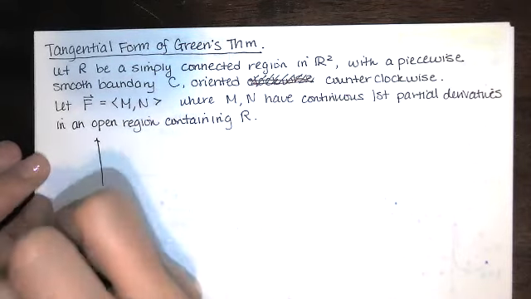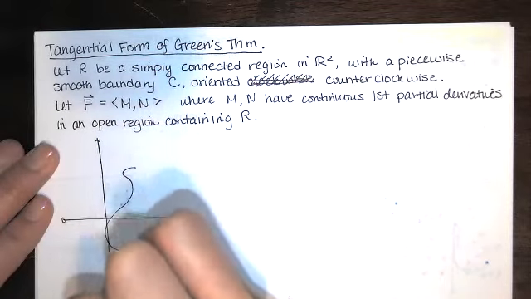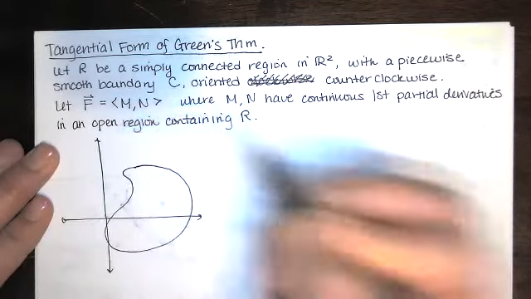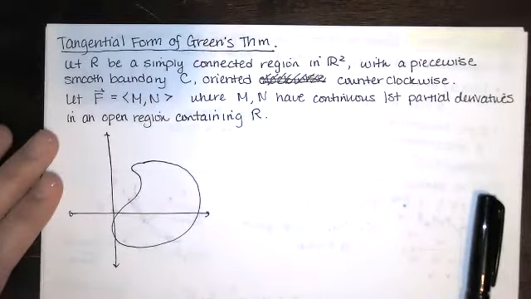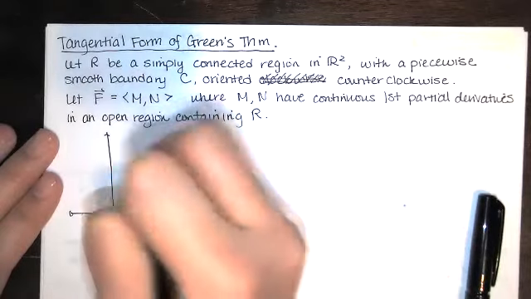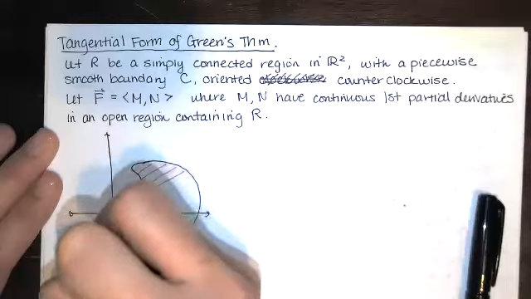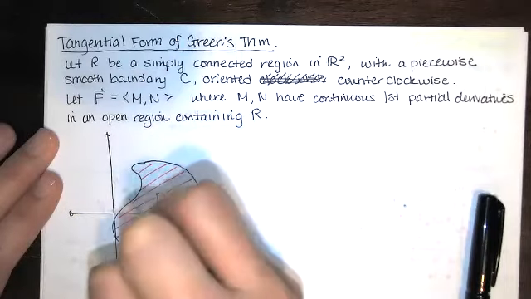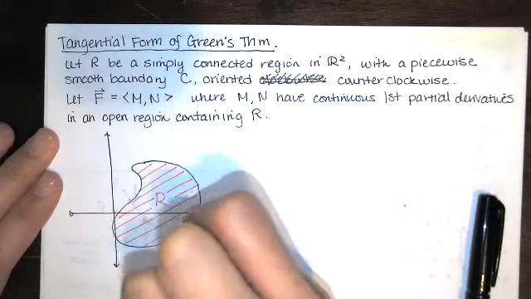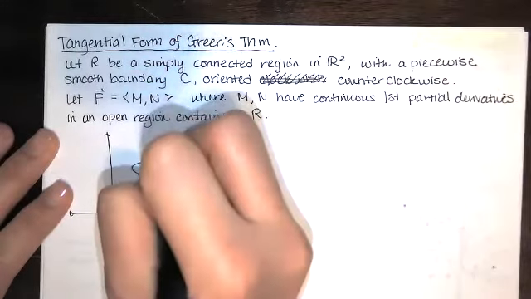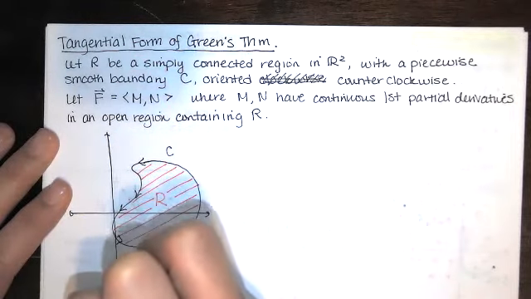So let's draw a picture. Maybe this is the curve C. The interior of this is R. This is our curve C, and it's oriented counterclockwise.